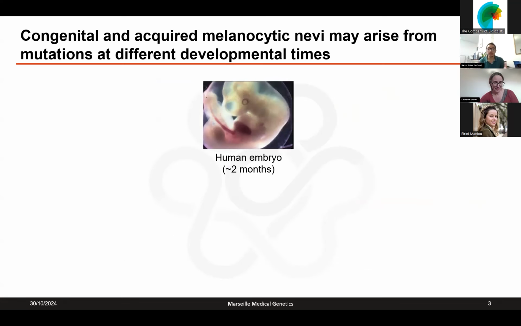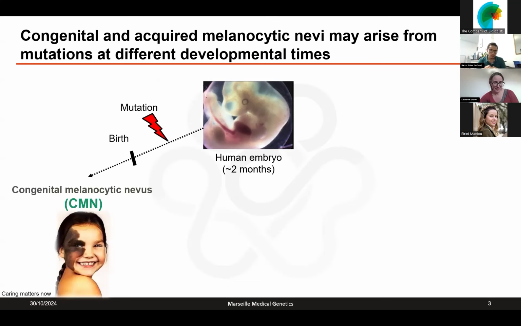As I said, at around 2 months of gestation in the human embryo, pre-melanocytes start to migrate to reach most of the skin. And some of these melanocytes then might acquire a mutation, which can lead to an overproliferation of these melanocytes.